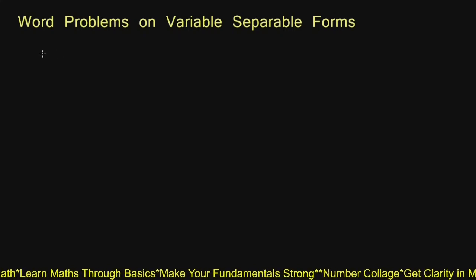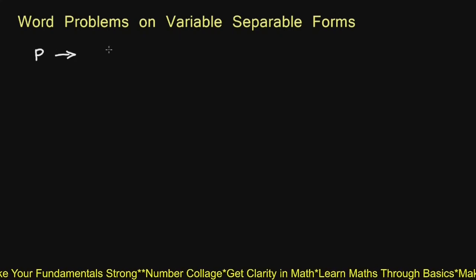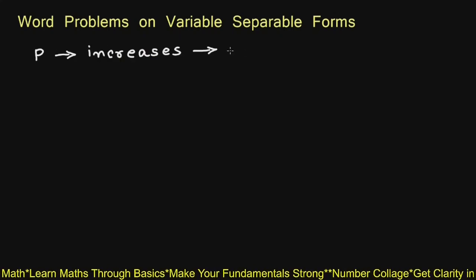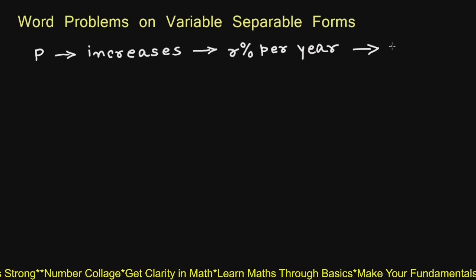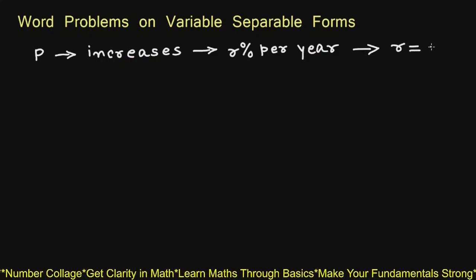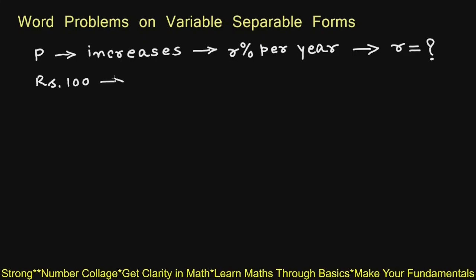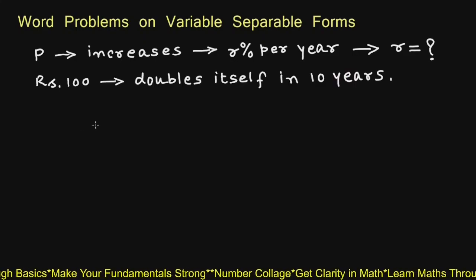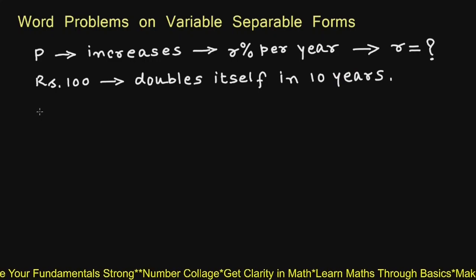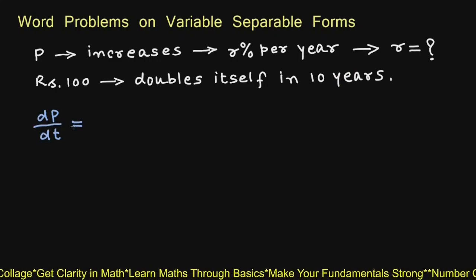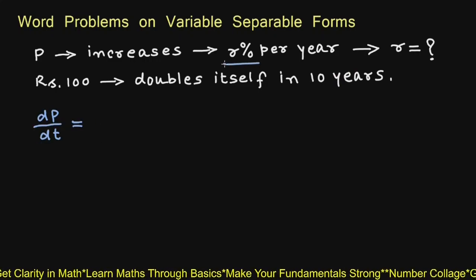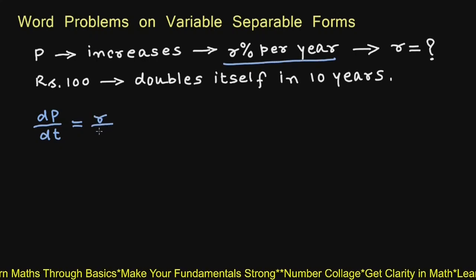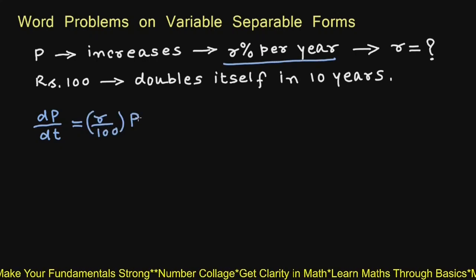In a bank, principal P increases continuously at the rate R% per year. We have to find the value of R if rupees 100 doubles itself in 10 years. We are given the principal increases continuously, that means dP by dt equals the rate R% per year, that is R upon 100 times P, the principal.